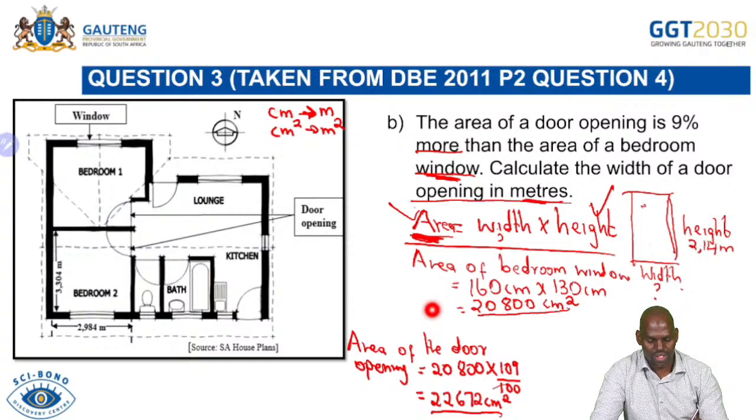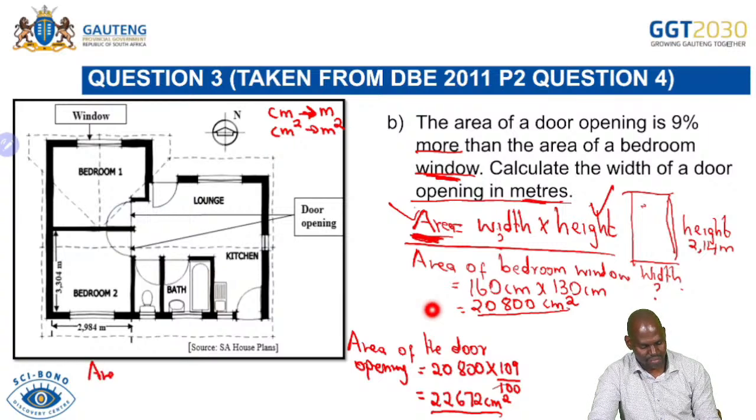Think about this. If it's centimeter to meter, we divide by 100. So for this one we divide by 100 squared. So we say area in square meters will be 22,672, then we divide it by 100 squared.